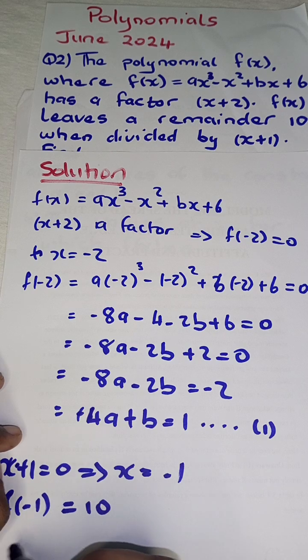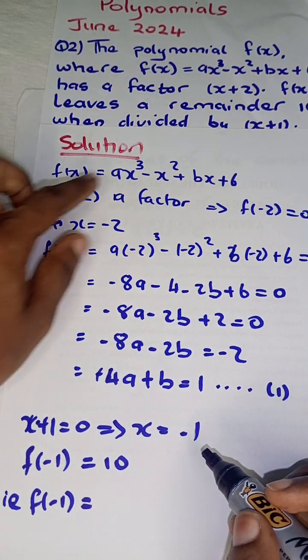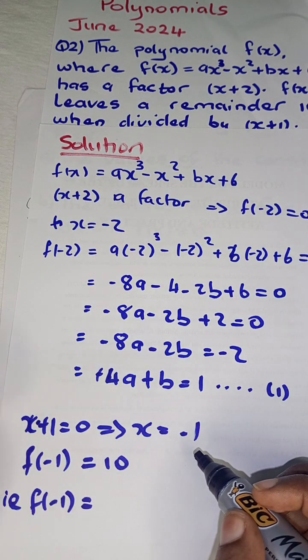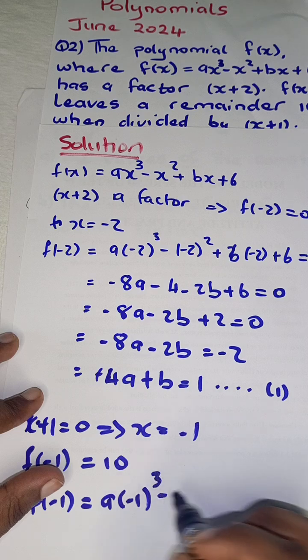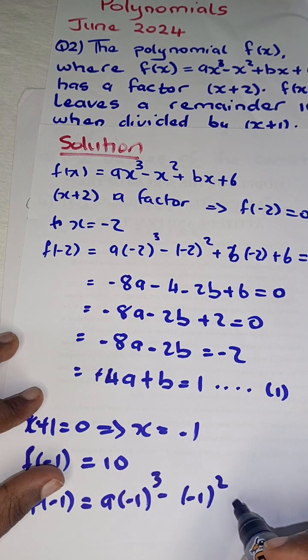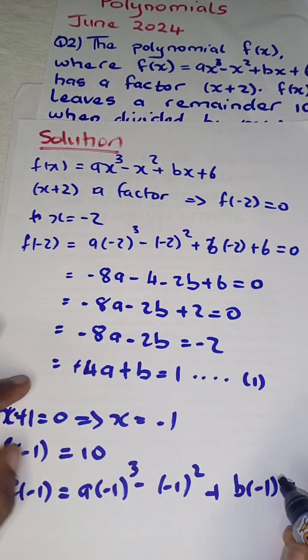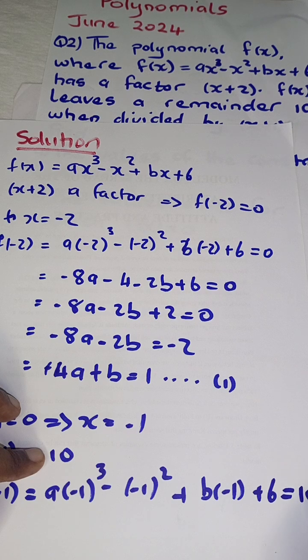That is f of negative 1, which is, you go into the equation f of x still and you replace x this time around with negative 1. So we are going to have a times negative 1 cubed minus negative 1 squared plus b times negative 1 plus 6 is equal to 10.